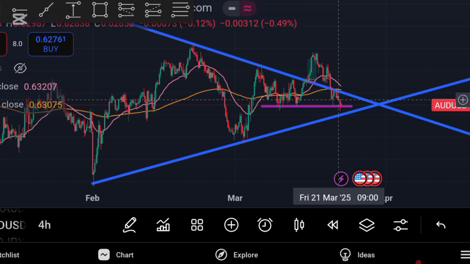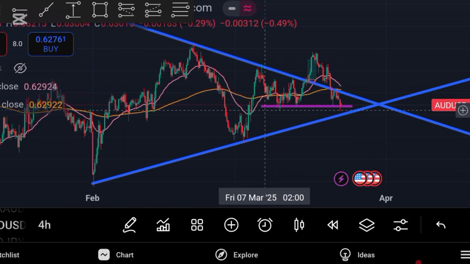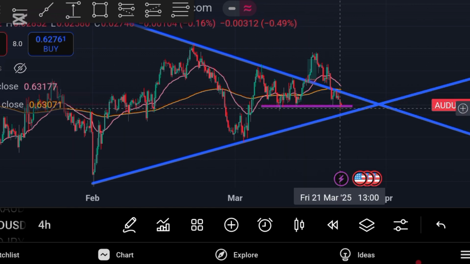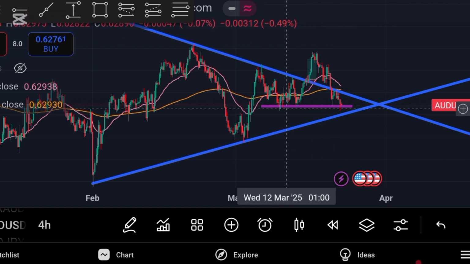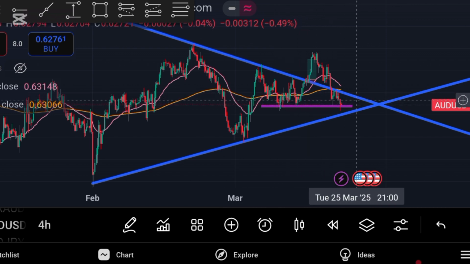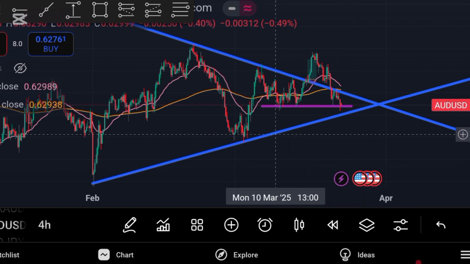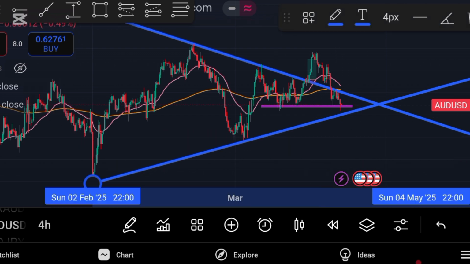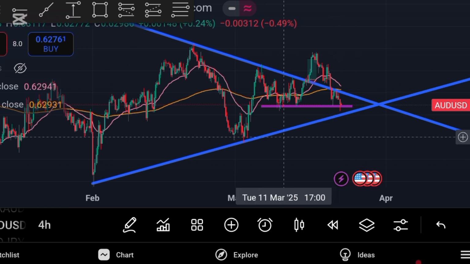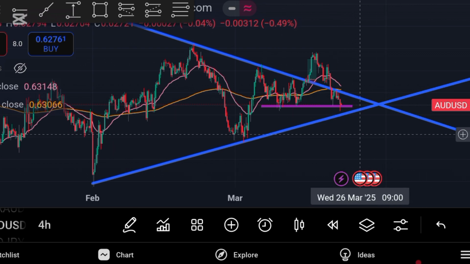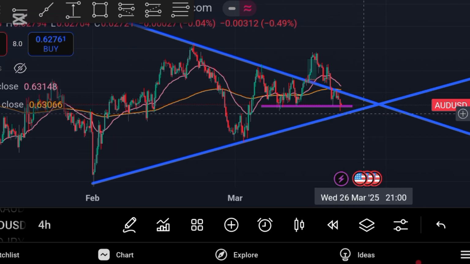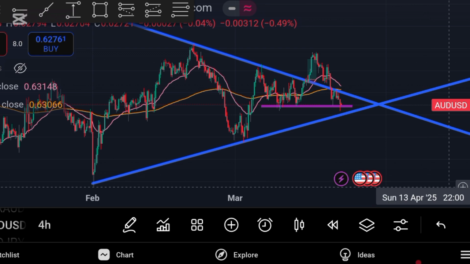But since that has missed us, we are going to be waiting for a breakout of this resistance right here. Once it breaks out and retests this resistance right here, we can go down, or we can wait for it to actually touch this bottom trend line here, and break out, retest, and continue to the downside.